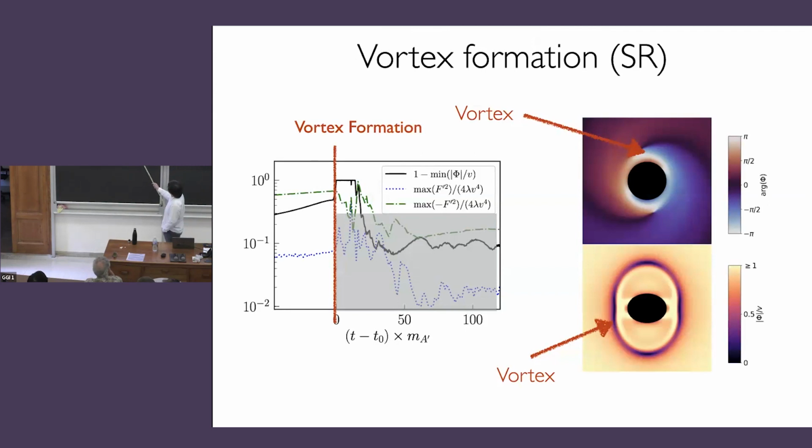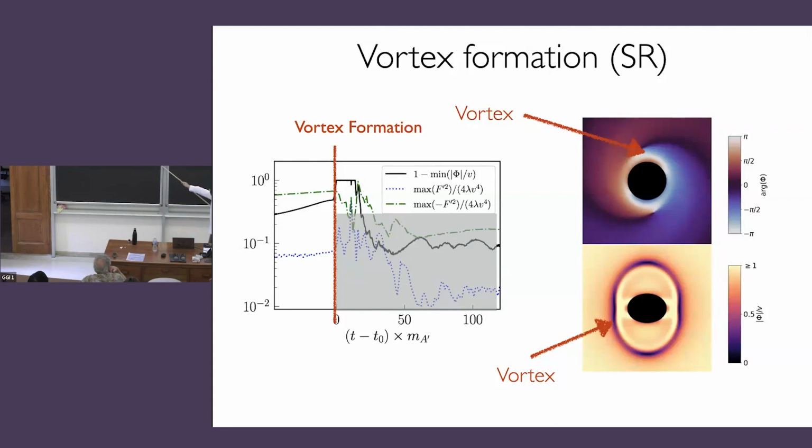So what you're seeing is that as I'm gradually increasing the electromagnetic field in this medium, at some point there's a jump of the phi field and a vortex forms. Basically here, phi over v equals 0. And then after the formation, there is some complicated evolution that I will give you more intuition about later.